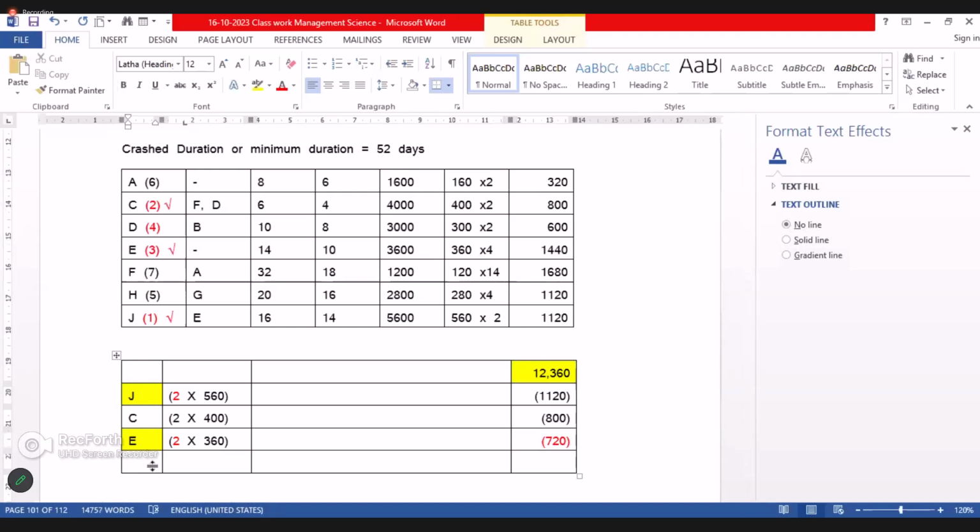Then 2 into how much? What's new? 300. That is 600.